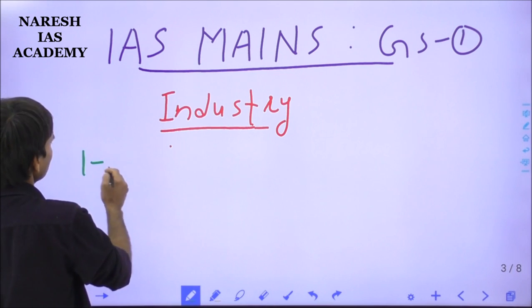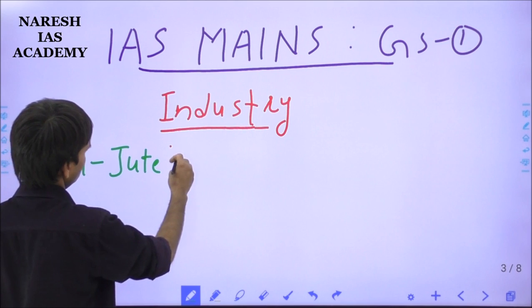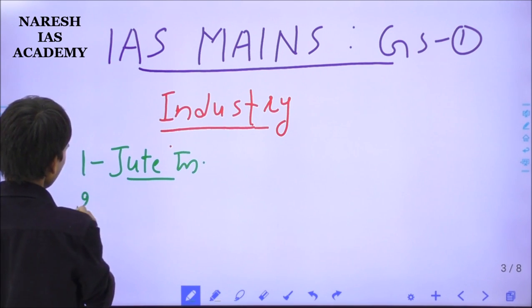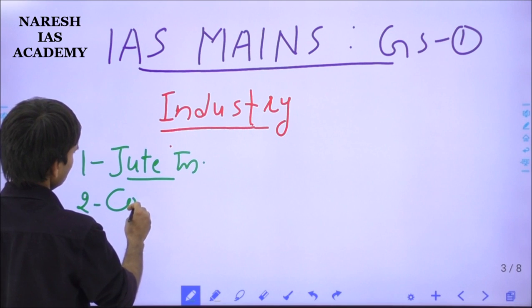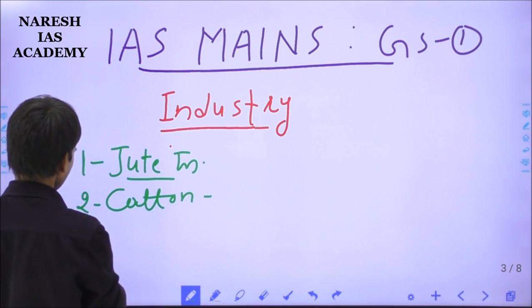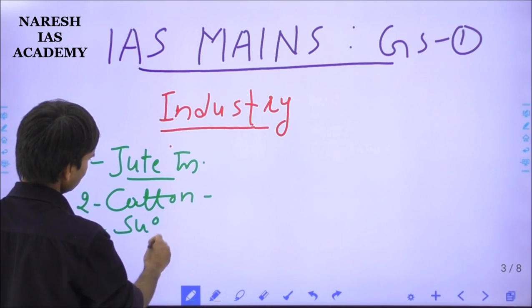For example, one is the jute industry. Second is the cotton textile. Third is the sugarcane industry.